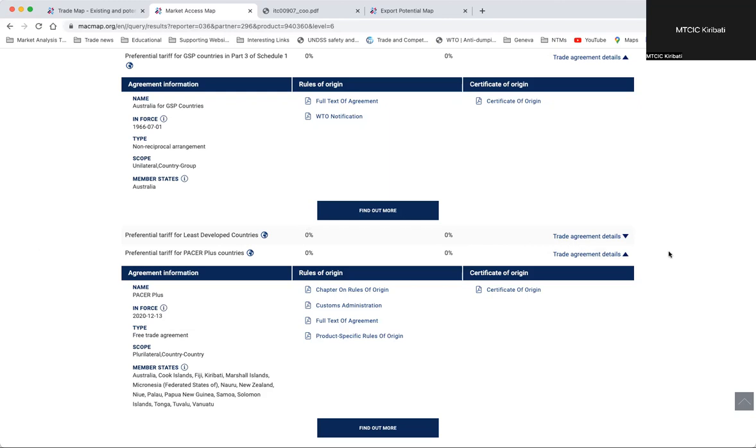In terms of the imports from our trading partners, I guess just an observation that we have our business community with us who are also participating in the training. This is a very useful tool to look at some of the countries where they can import quality products from.